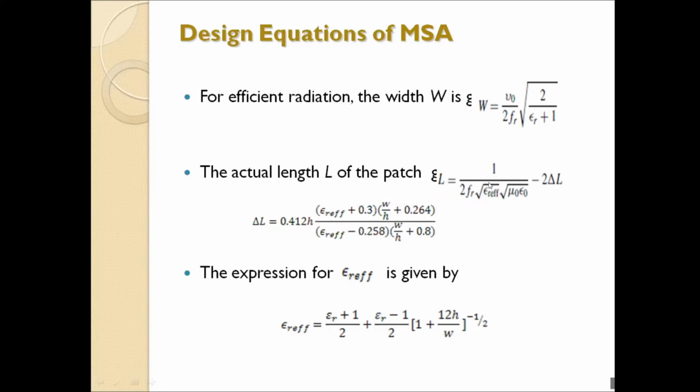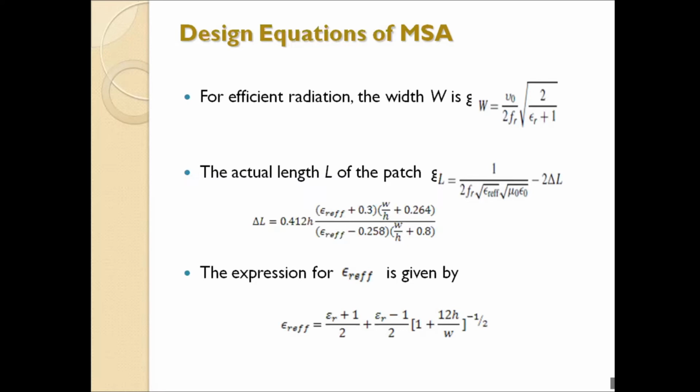Okay, see this formula now, the L depends on this term, minus 2 times del L. Del L is the fringing length. Because of the radiation, there will be a change in the antenna length, not the physical length, but the effective length would change, right? In the antenna concept, you have come across the effective height of the antenna, isn't it?